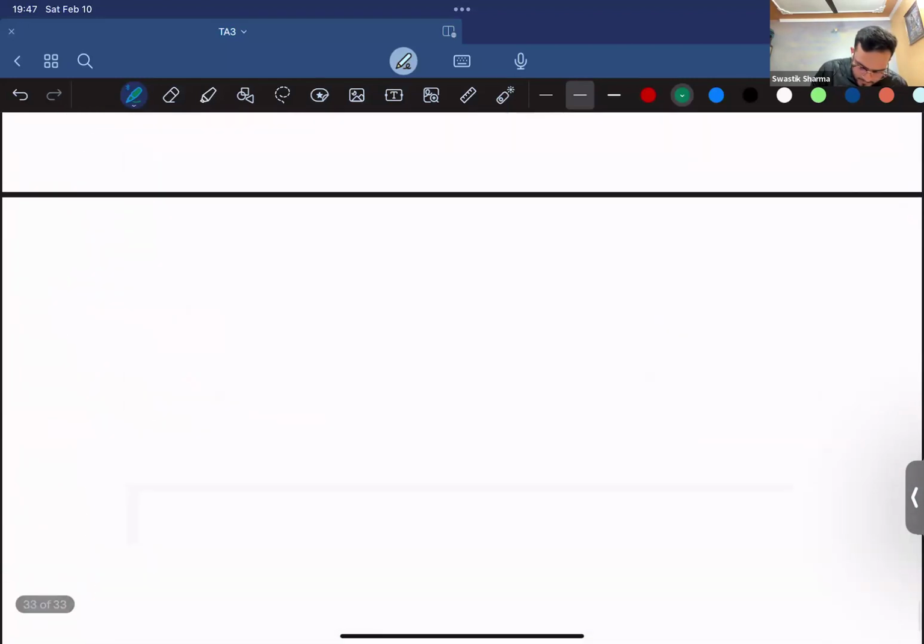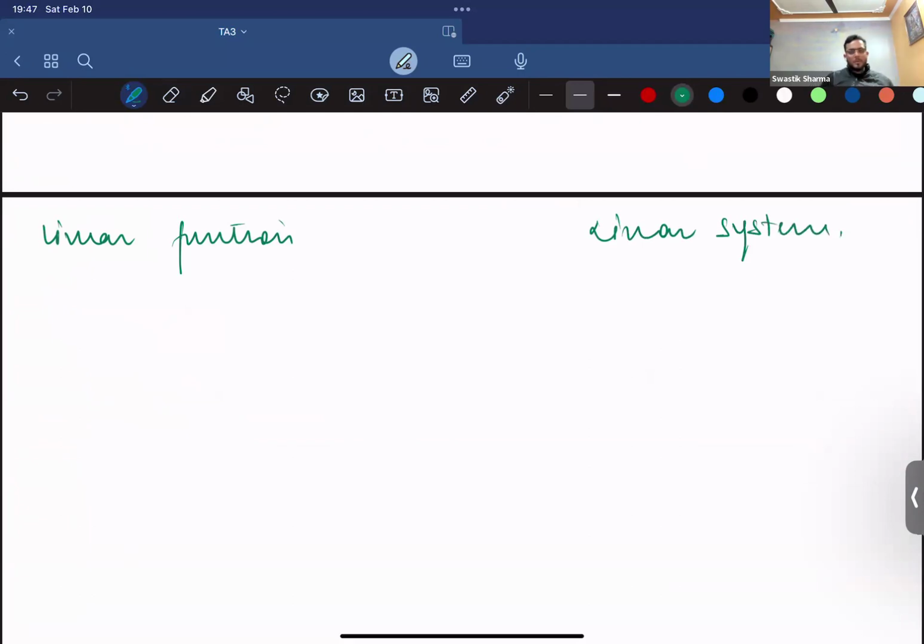So a linear function, when I talk about a function and say it's linear, I usually mean that the polynomial that describes that function has a degree of one, or we can plot it as a straight line.